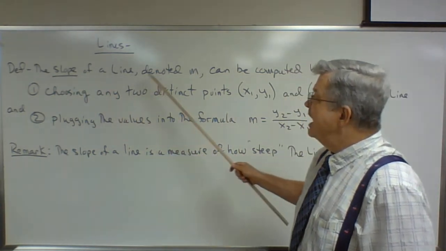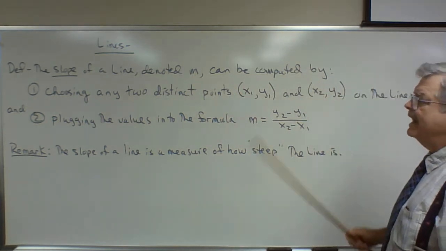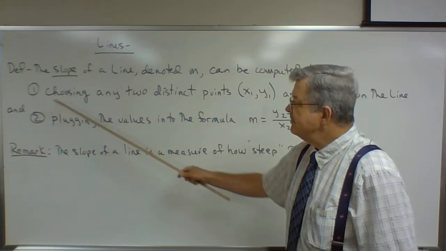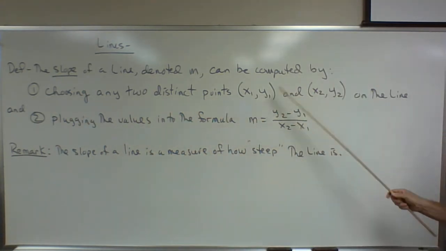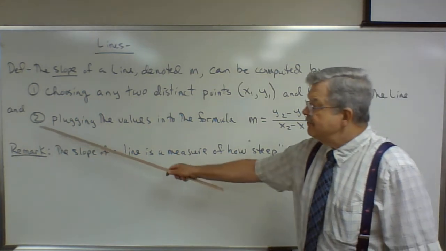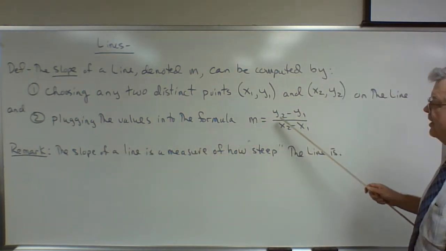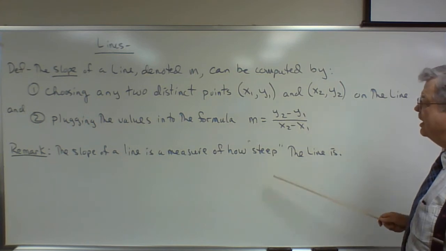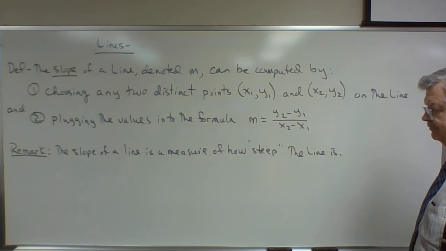The slope of a line denoted by M can be computed by, 1, choosing any two distinct points, x1, y1, and x2, y2 on the line, and then 2, plugging the values into the formula y2 minus y1 over x2 minus x1.